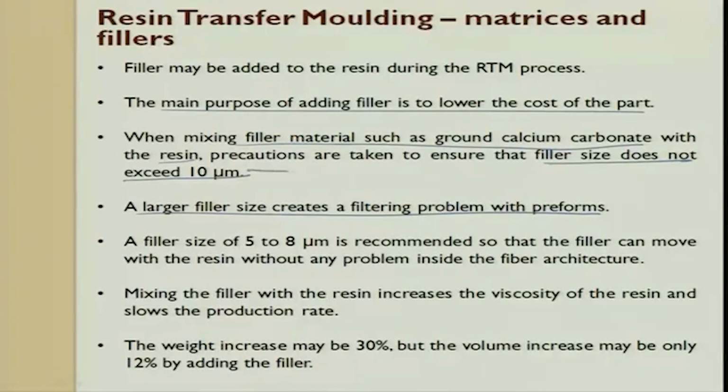So the size is very important, because this should not restrict the flow. Then the weight can be increased by 30%, but the volume increase will be only 12% when you add these fillers. If you go back, we did some calculations for density, and from there you can link.